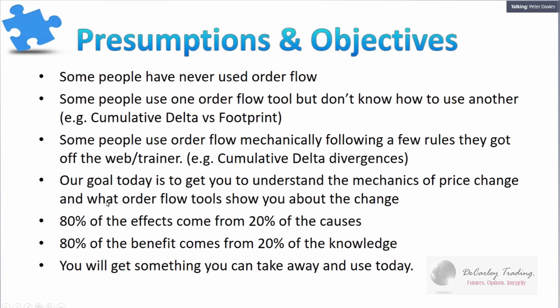Well, I've come across a lot of people that use one order flow tool, but they've got no clue how to use other order flow tools. So a good example would be somebody that trades, say, a cumulative delta divergence, and they're trading that mechanically, but then they look at a footprint chart and they've got absolutely no idea what to do. And that's because they don't fully understand the underlying theory behind the tools. So that use of cumulative delta is really quite superficial.